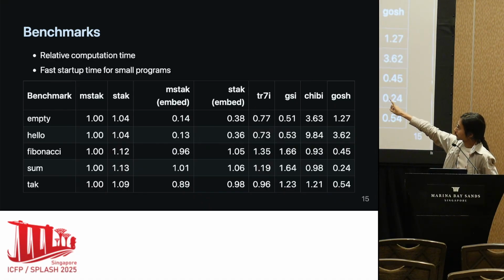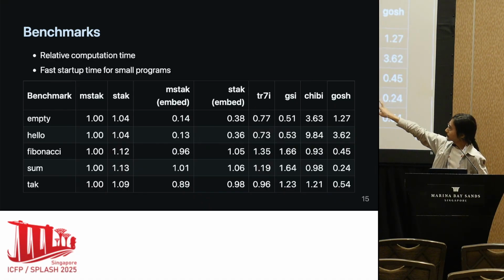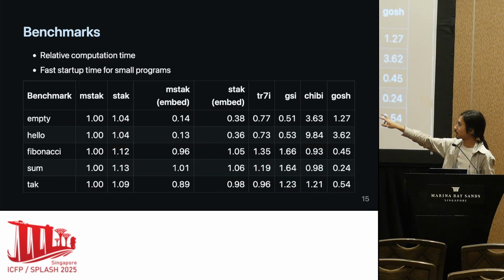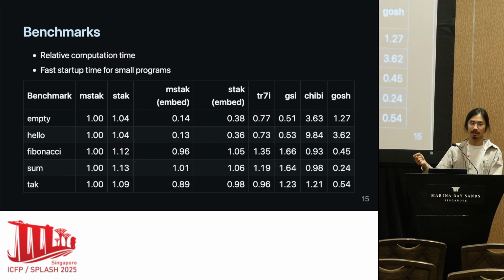And the middle 2 rows, marked embedded, are benchmarks of executing just bytecodes embedded into the host language, in this case Rust.